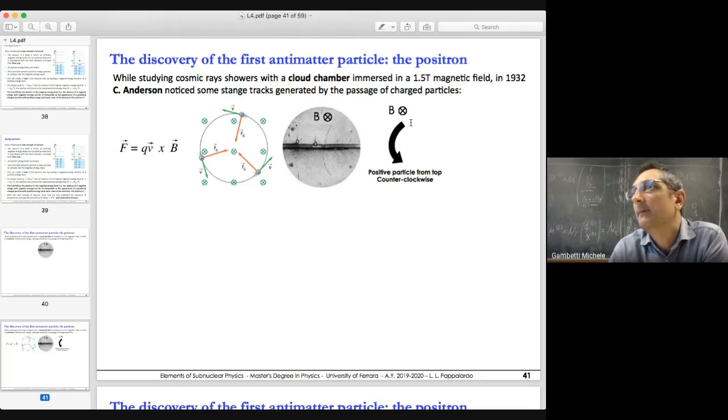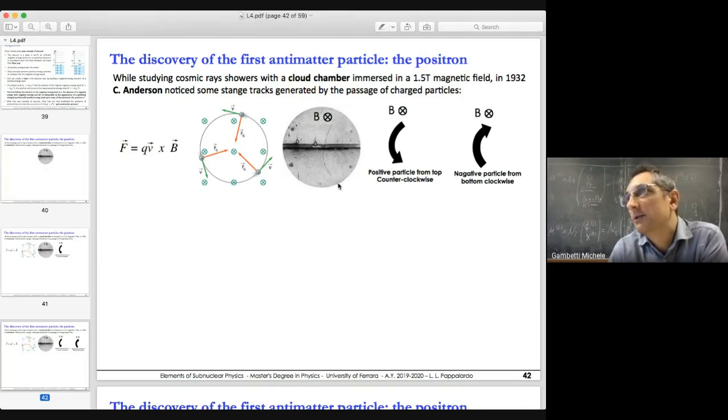The first way is that of a positive particle coming from the top and moving counterclockwise, so like this. But in principle, you can also have the same track if a negative particle, given the same magnetic field, of course, enters from the bottom and moves clockwise. Do you agree?